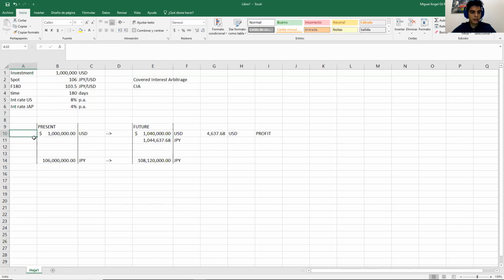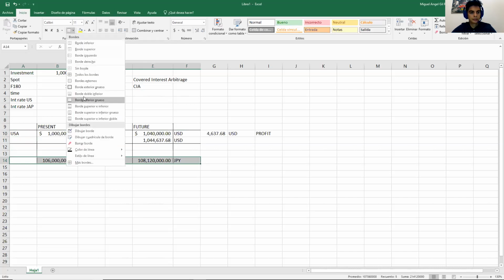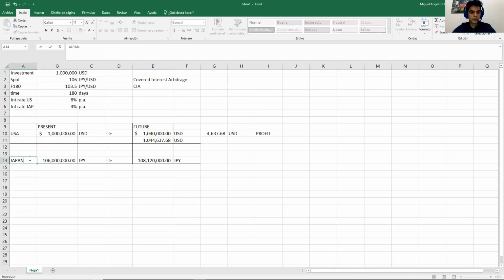And finally, this line over here is about dollars. It's in the US. And the line at the bottom is about Japan. That's why we use the Japanese interest rate, right?